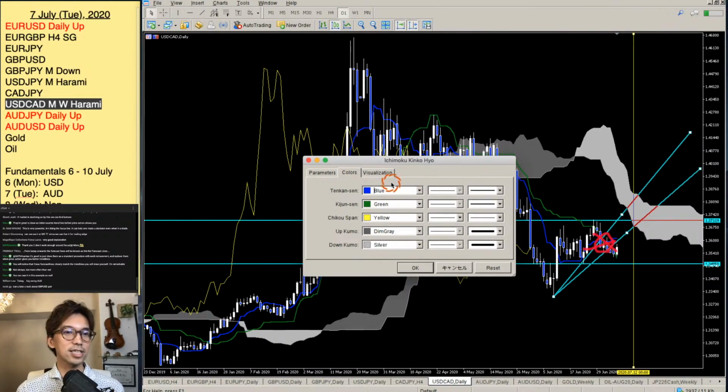Tenkan-sen is blue, Kijun-sen green, Chikou span yellow, up Kumo is dim gray, and down Kumo is silver. I put the line thickness of up Kumo and down Kumo at the thickest, so that it fills the Kumo, the zone between Senkou span A and B.